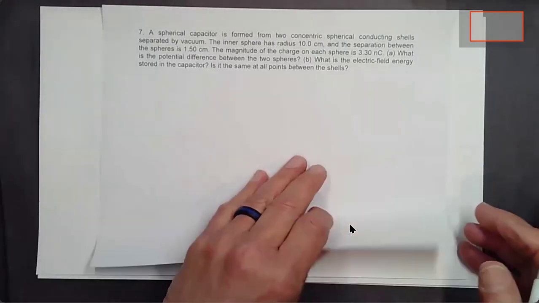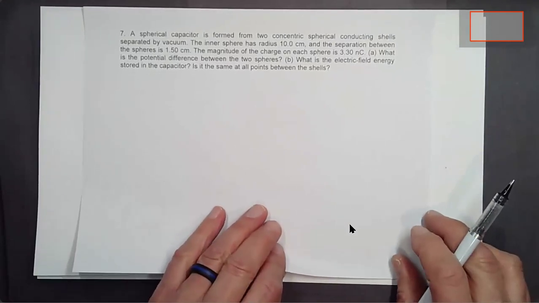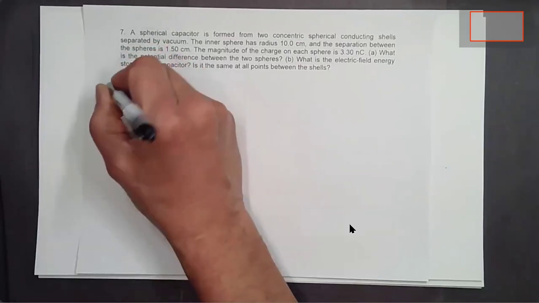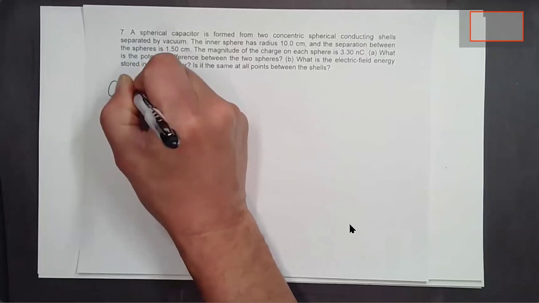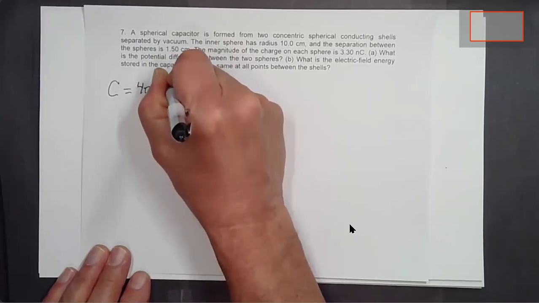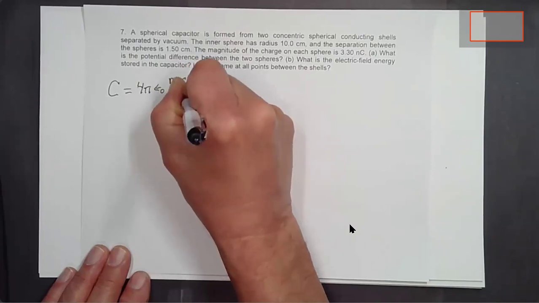Here's one that finally brings us back to the spherical capacitor. It's two concentric spherical conducting shells separated by vacuum. So this is the spherical capacitor that we had before. A couple of things we figured out from that: the capacitance of a spherical capacitor was 4 pi epsilon naught R2 R1 over R2 minus R1.